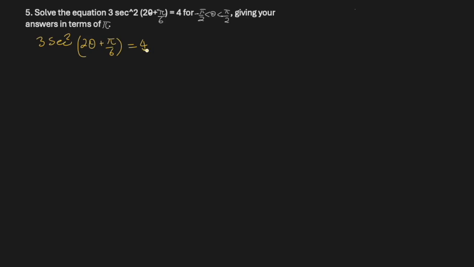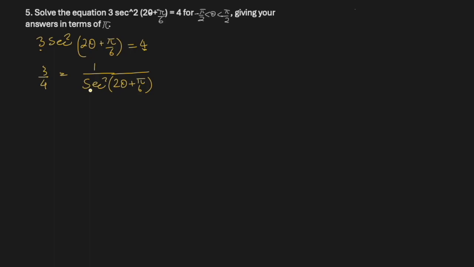Let's bring this 4 here and secant square to the other side. So it becomes 3 over 4 on this side and 1 over secant square 2 theta plus pi by 6 on the other side.